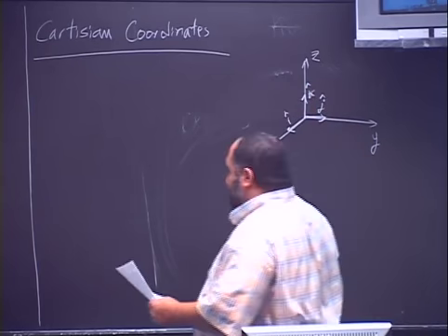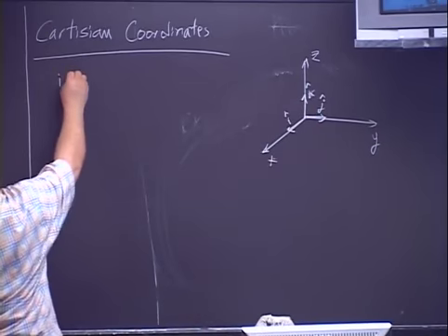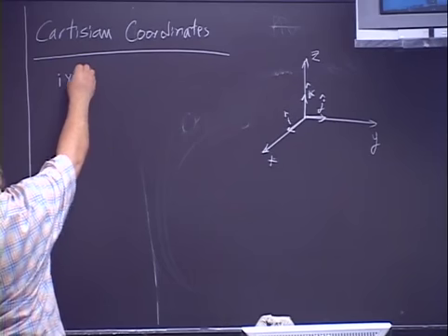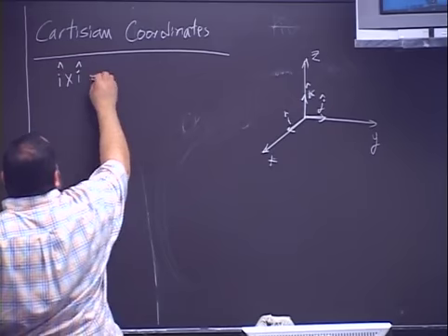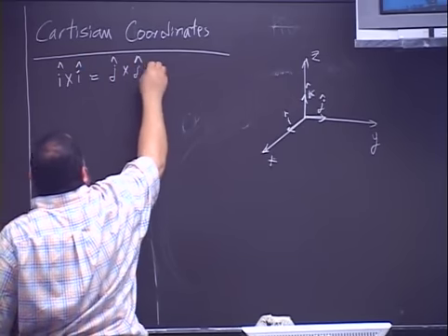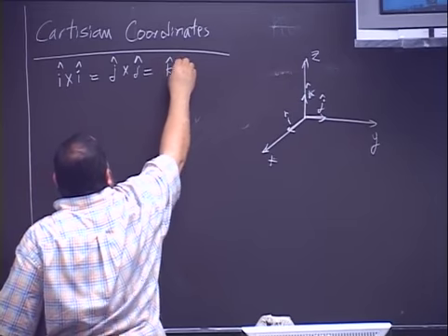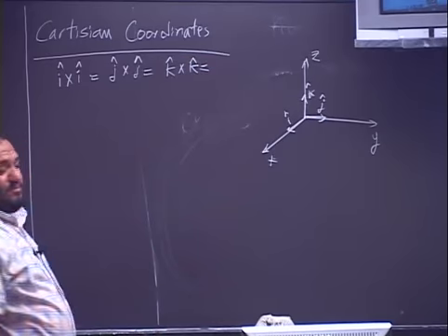So those are the three unit vectors. So I crossed with I is equal to J crossed with J is equal to K crossed with K. What do you expect the results to be?